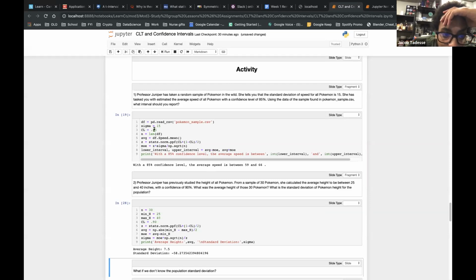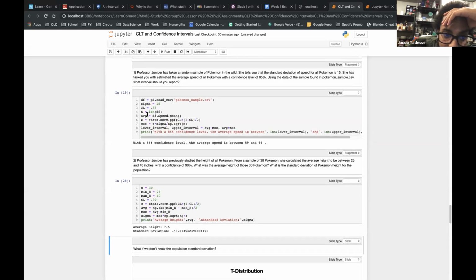For number 1, I pulled in the Pokemon sample CSV. They gave us sigma as 15 and the confidence level as 85%. For N, I just did the length of the sample. I found the average speed by taking the mean of all the speeds in the sample.